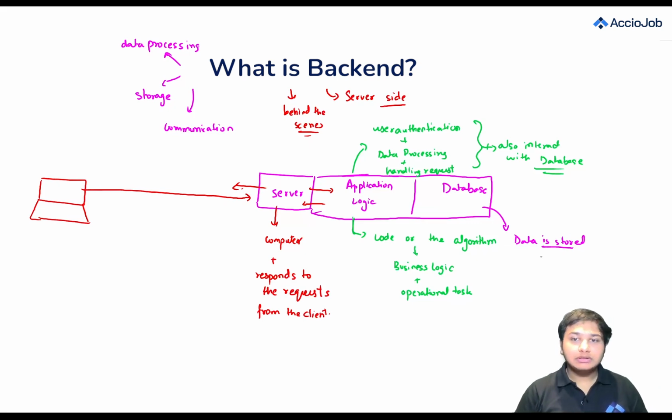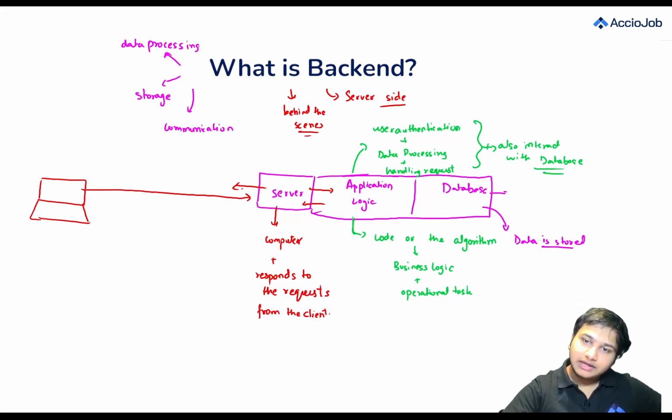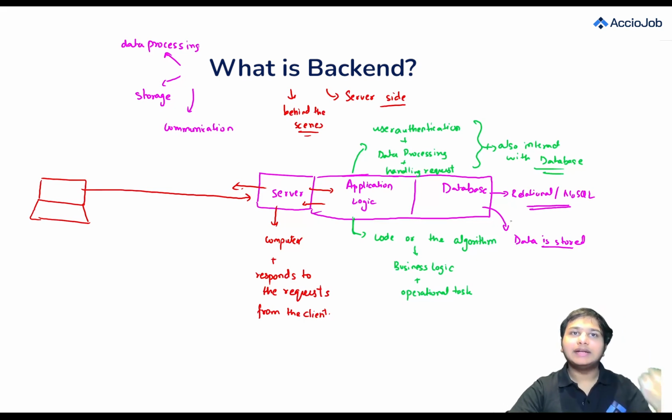Of course, this goes without saying that the database we are talking about could be a relational database or a NoSQL database. So there are two types of databases: relational or NoSQL. More about these two terms will be discussed later on.